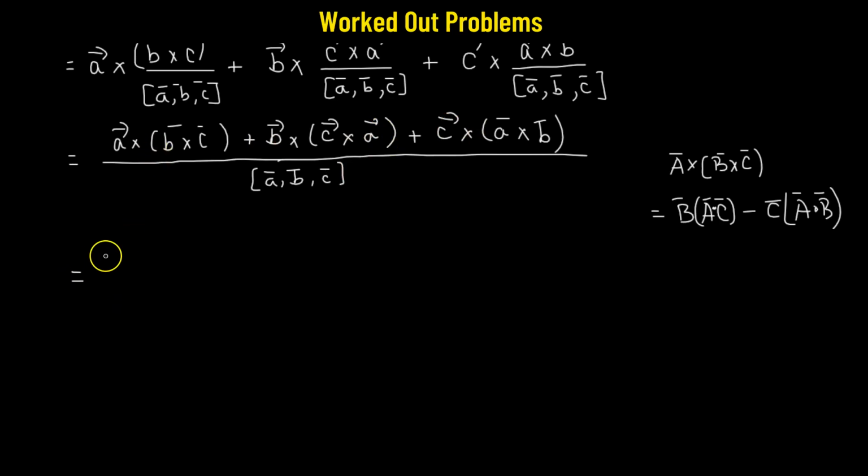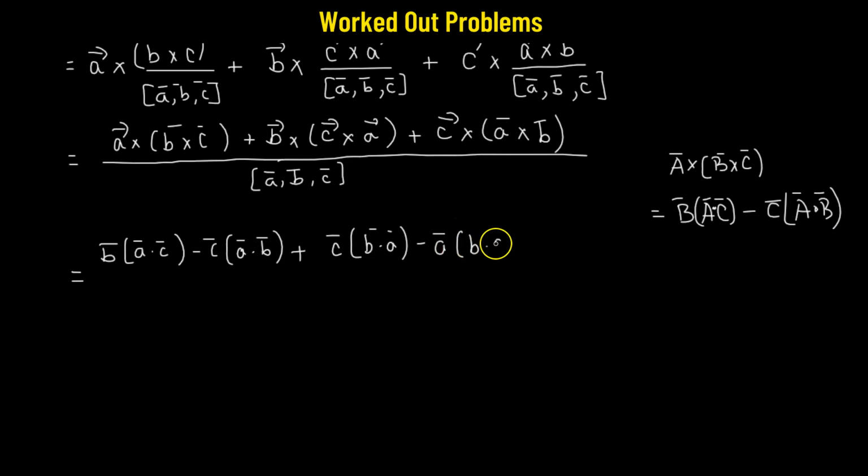For the first one we have vector B multiplied by A dot C, minus C multiplied by A dot B. For the second vector triple product in the numerator, we have vector C multiplied by B dot A, minus vector A multiplied by B dot C. All you have to do is remember the position for back cap, then this becomes fairly easy.